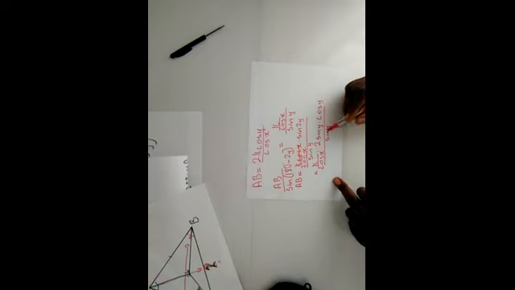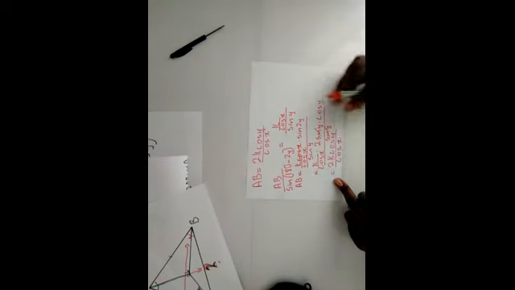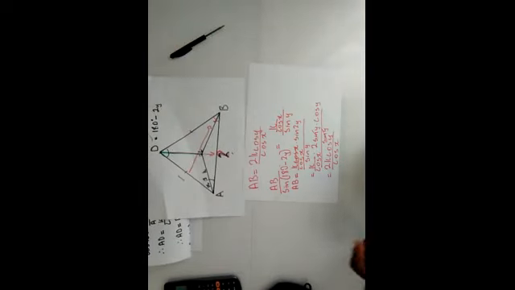And then sine y cancels sine y. Then we are left with 2k cos y over cos x. So in this question, we were able to use both the sine and cosine rule. Right. Thank you very much.